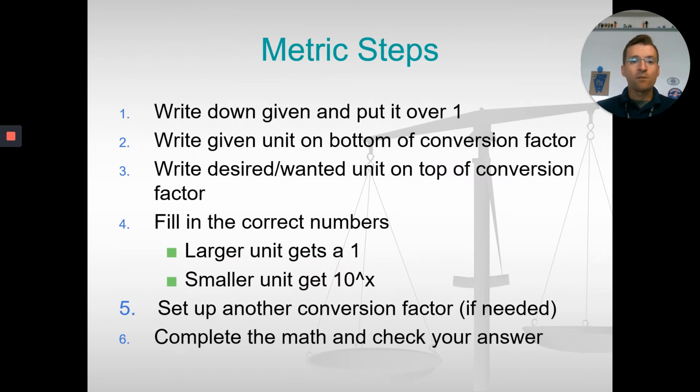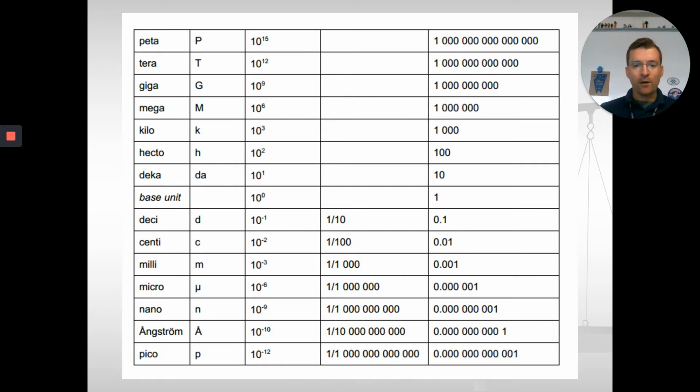So our steps are very similar to normal conversion factors, to what we worked on last time. What's going to be different is how we fill in our conversion factors. Once we set up our units, our larger unit is going to get a 1. What I mean by larger is I'm talking about our units with a more positive exponent.